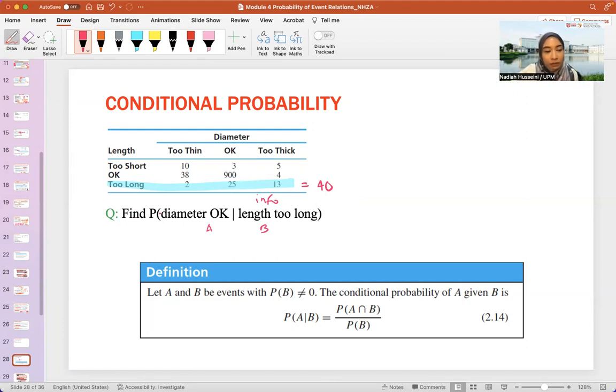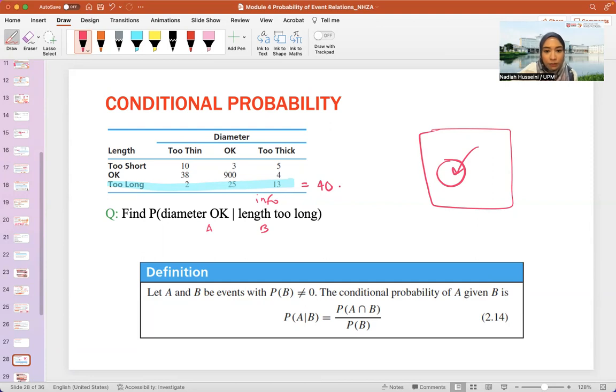Okay, find the conditional probability of A given B. So B is our info. Okay, so the info is only 40 have a rod that is too long. So we have reduced our sample space to this much. So now we're looking at this chunk only.